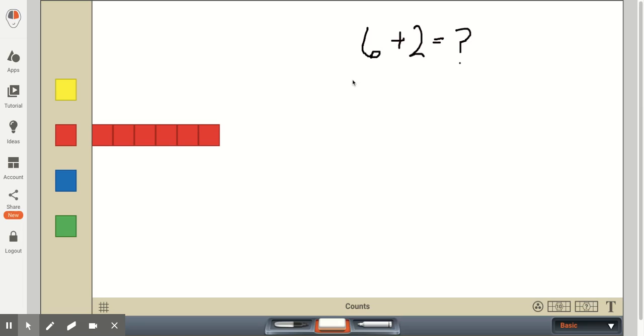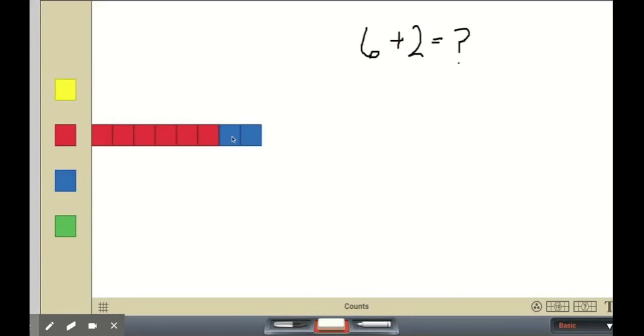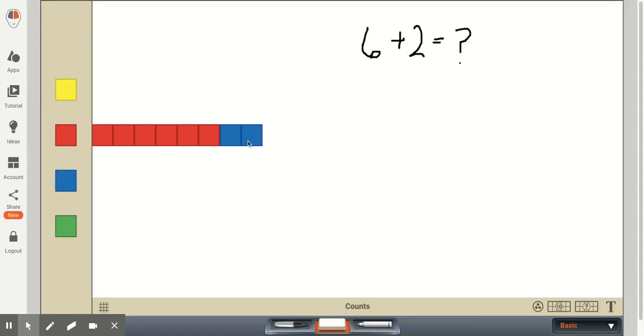And what a student may do is they may count, if they have these counters, they're going to go 1, 2, 3, 4, 5, 6. And as far as blue counters, they see 1, 2. And what the first graders may do is to get the total, they will count all of them.